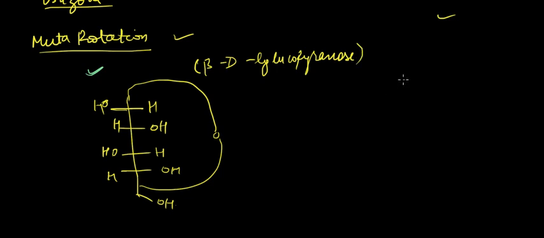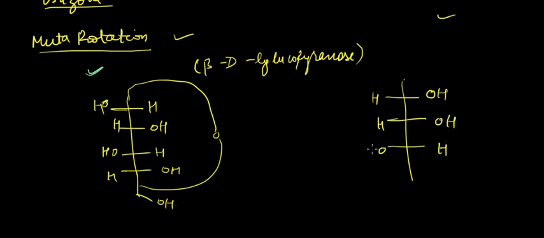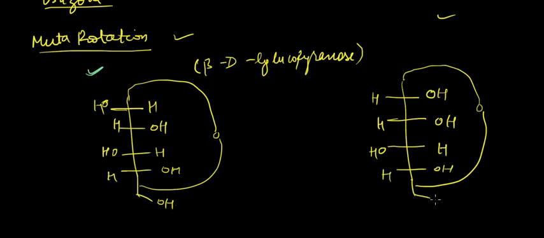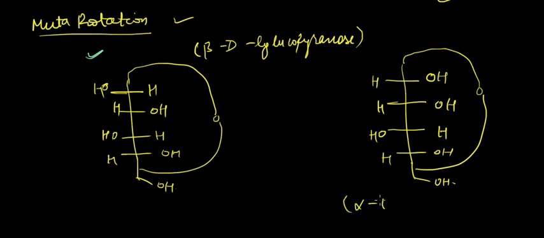Okay, and what about this structure? This would be, if we replace this H with OH here and H, and just draw the same chain below the ring as in the beta D glucopyranose, then we'll be getting something like this structure, which would be alpha D glucopyranose.